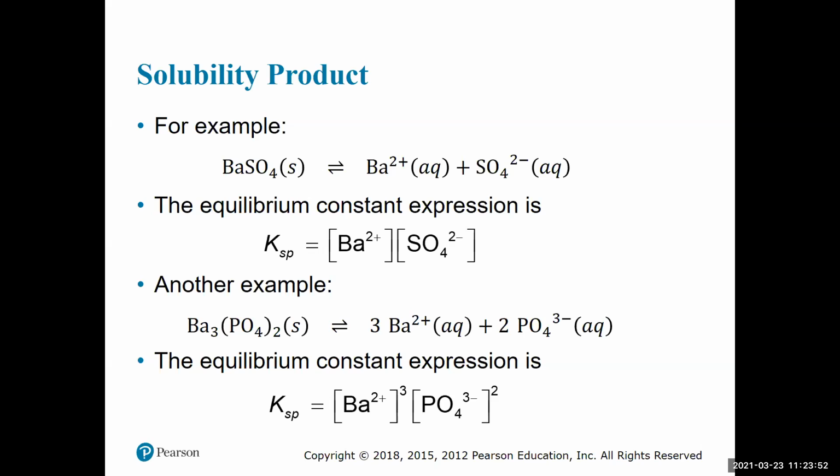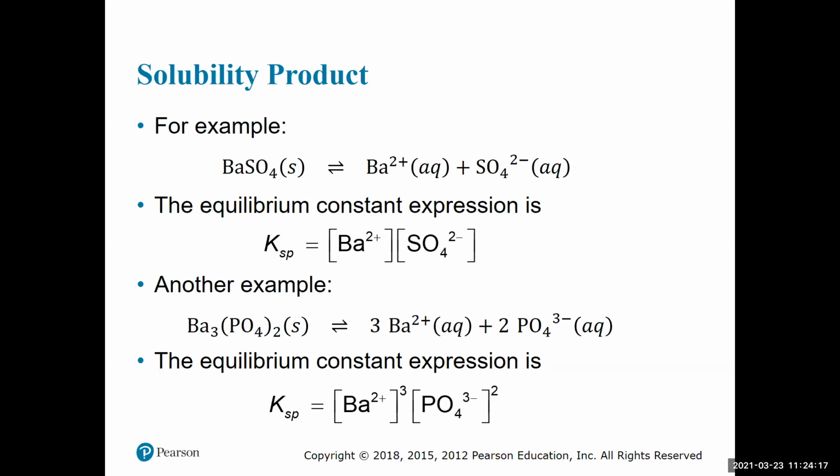Then let's look at the next example, barium phosphate. This one's a little bit different because now we have 3 moles of barium 2+ and 2 moles of phosphate, PO4 3-, in solution. So when we write this equation, we have the barium 2+ concentration times the phosphate concentration.